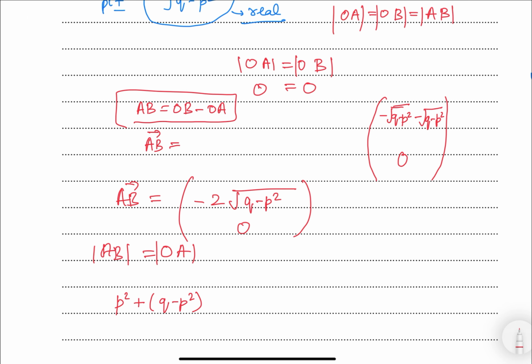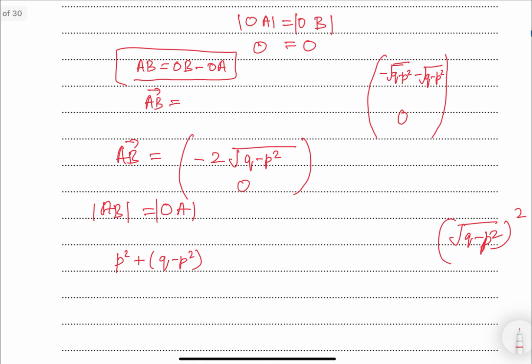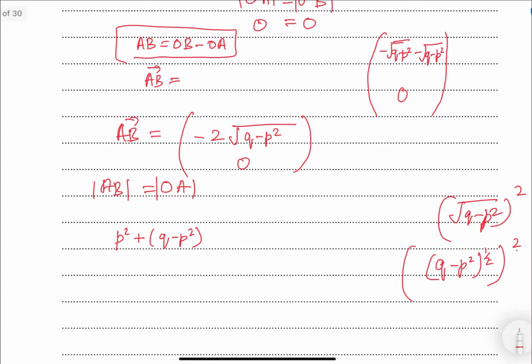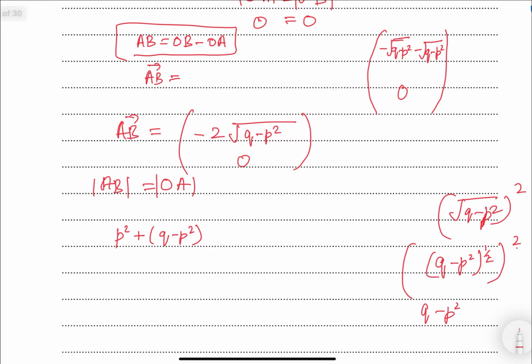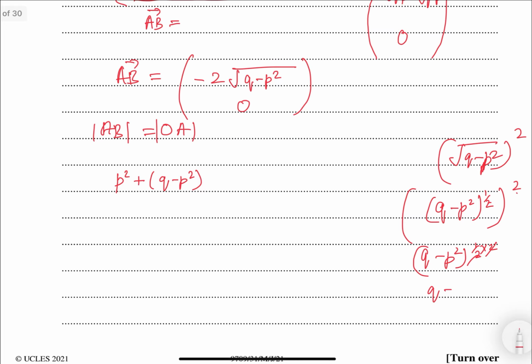If we square the square root, it is power half, and then we are squaring it, so we multiply the powers. Half times 2, and the 2s cancel. So it would be q minus p square.